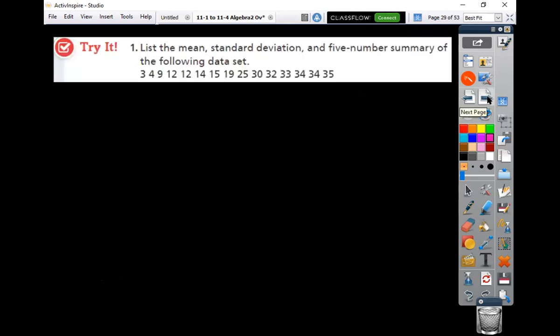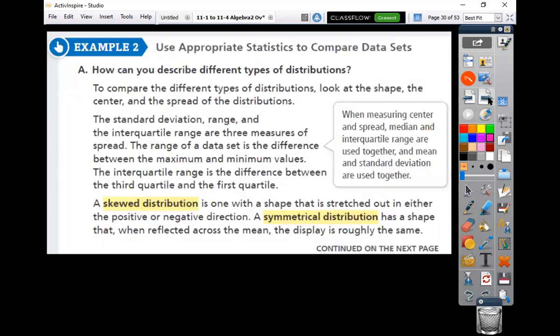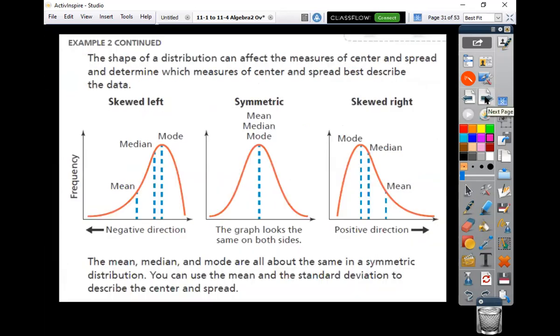All right, so we kind of went through that. There's a practice problem that could be done. Your skewed distribution, we were looking at that, and your symmetrical, so your skewed left, skewed right, and your normal distribution. Again, here we're going to use our box and whisker, or 5 number, and here.